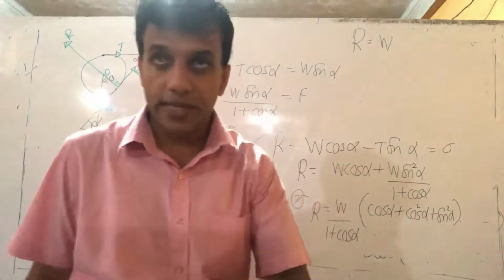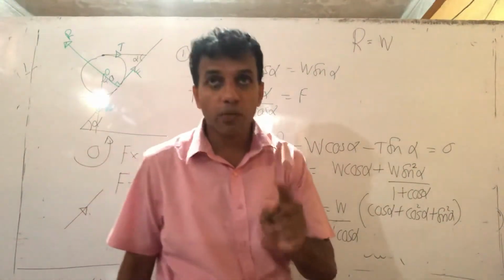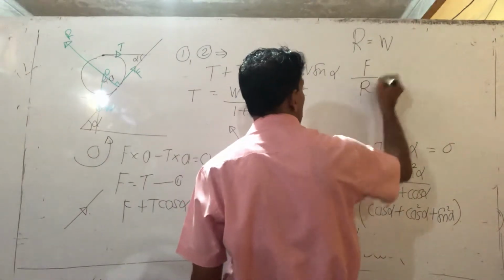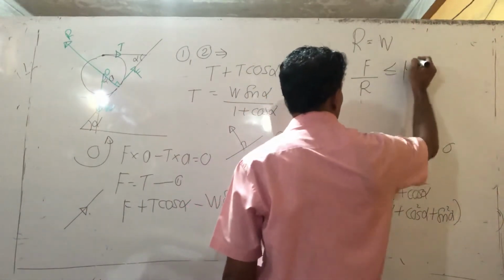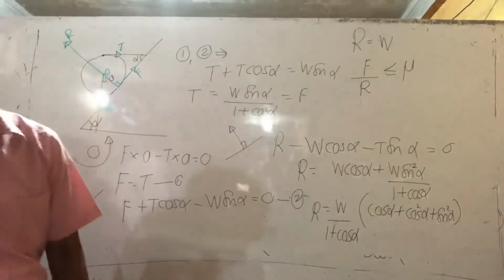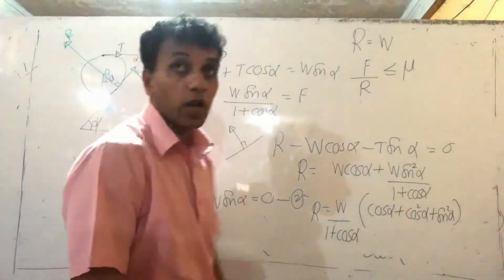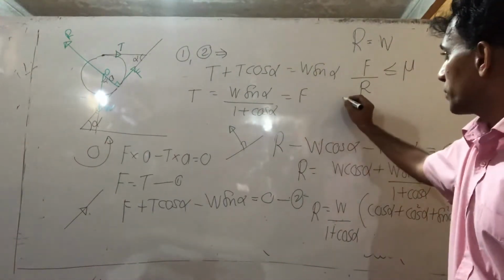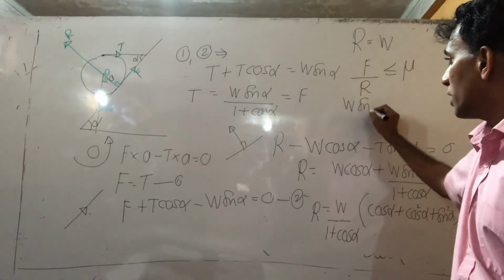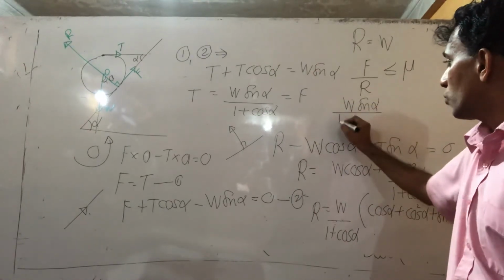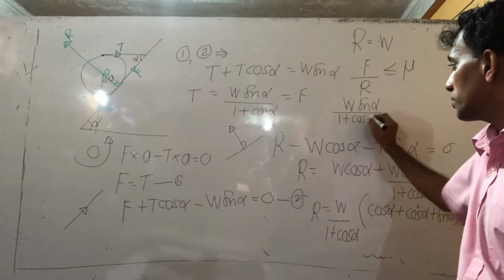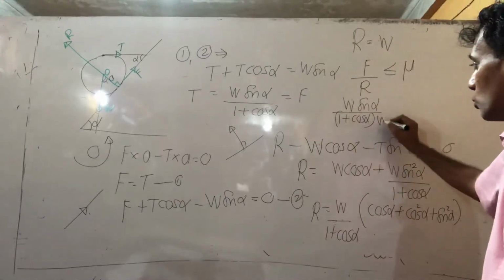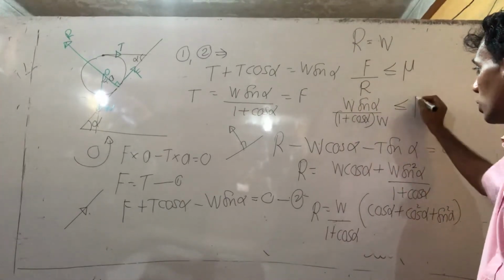So write the next sentence. For equilibrium, F over R, or for limiting equilibrium, F over R less than or equal to mu. So go to the answer. What is your F? Write your F. Here you have F: W sin alpha over 1 plus cos alpha, into R. R is W. W less than or equal to mu.